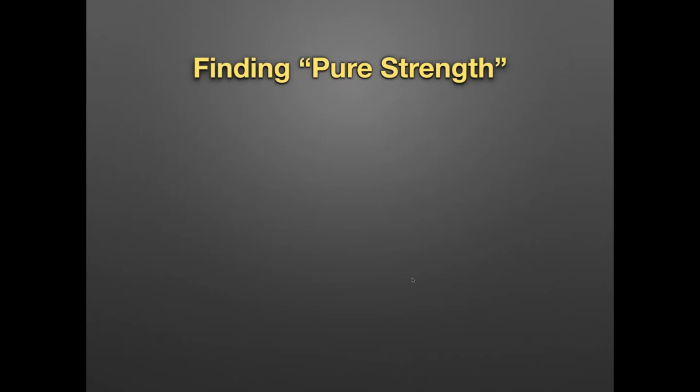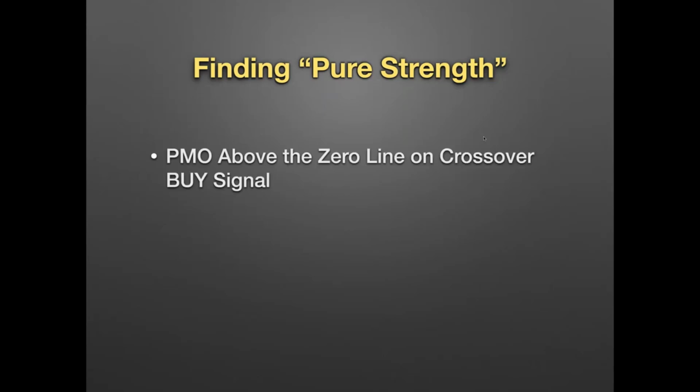All right, so finding pure strength using the PMO. The PMO above the 0 line on a crossover buy signal, that's a sign of pure strength. The PMO flat above the 0 line, this may not make sense, right? But it is true. If the PMO gets flat above the 0 line, that's a sign of pure strength.